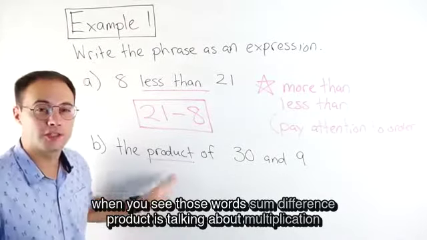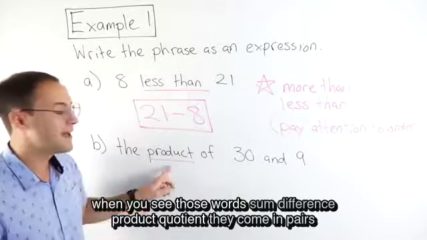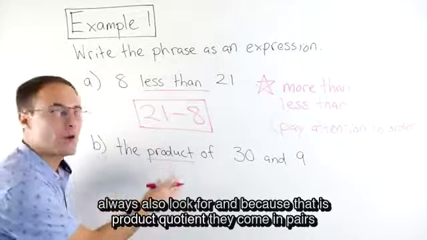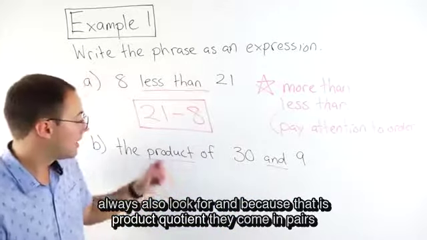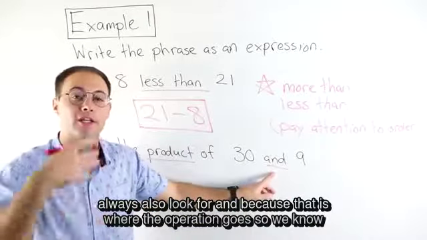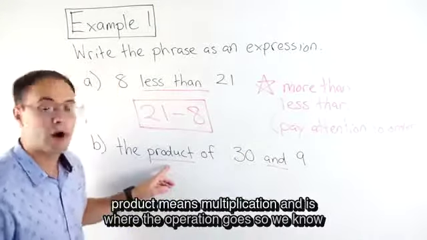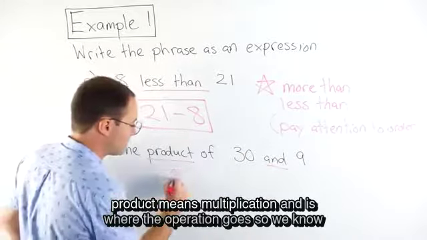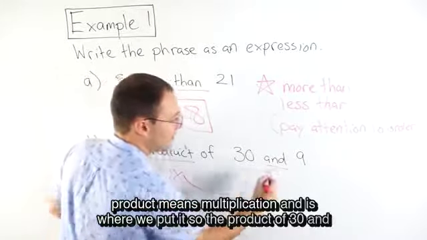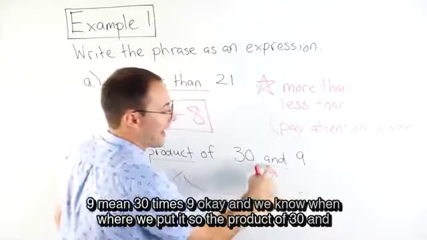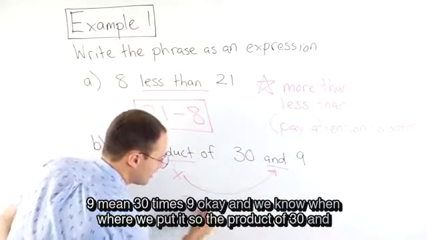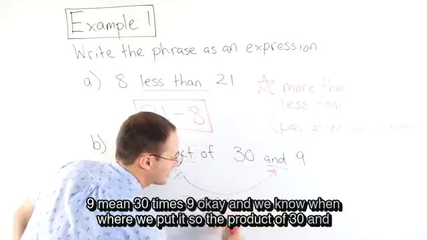When you see those words, sum, difference, product, quotient, they come in pairs. Always also look for and, because that is where the operation goes. So we know product means multiplication and and is where we put it. So the product of 30 and 9 means 30 times 9.